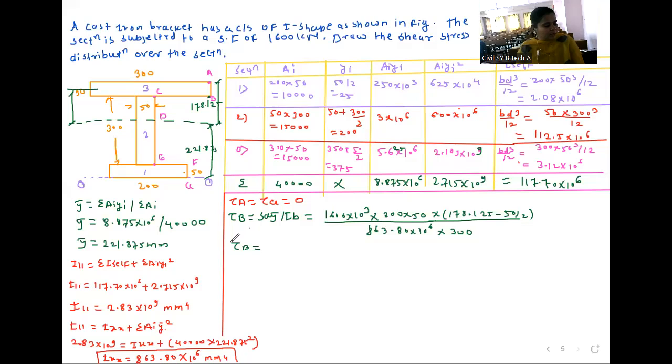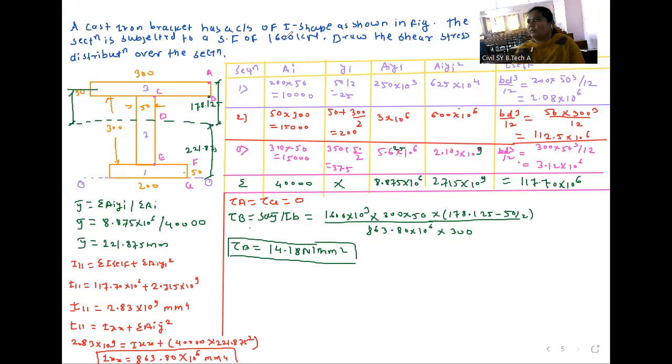14.18 Newton per mm square. After that, we will calculate shear stress at point C. At point C, only the width will change. So instead of 300, at point C the width is 50.